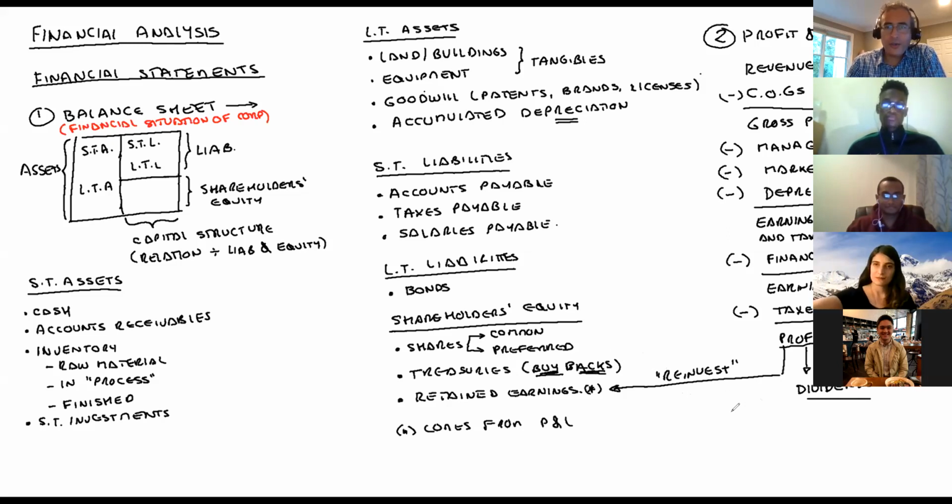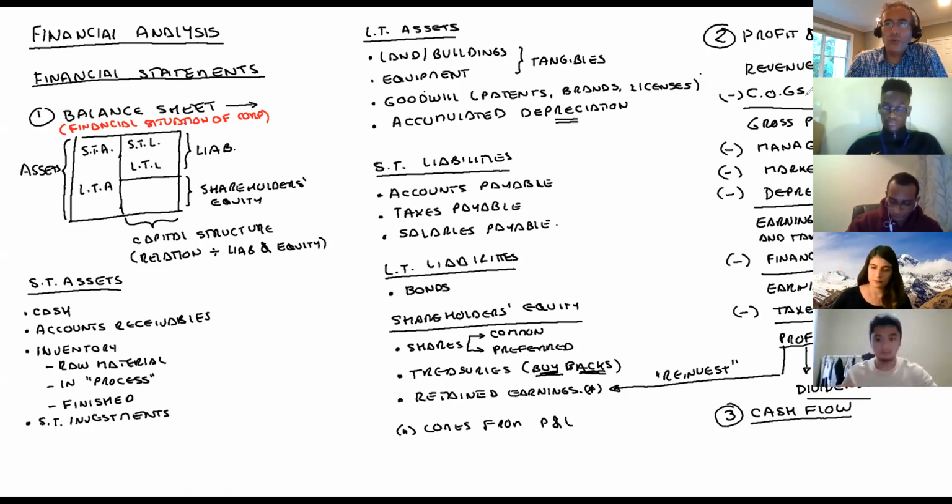But in any case, what is the third financial statement, guys? It is basically the cash flow. In the cash flow, I will simply mention the following. Don't confuse profit and losses. Profit and losses has accounts that are not cash, and we're going to discuss this later, okay? Some of these ones here are not cash.